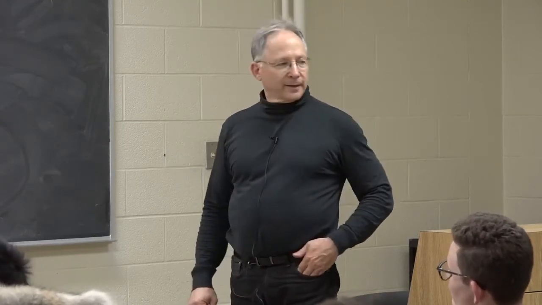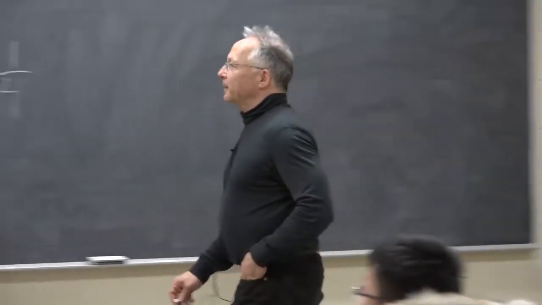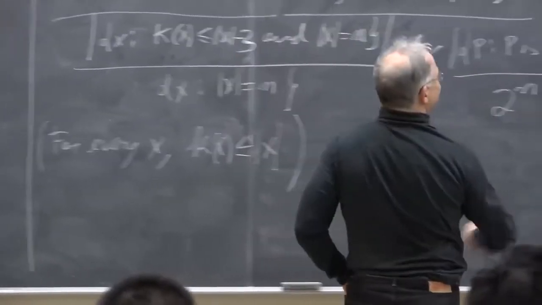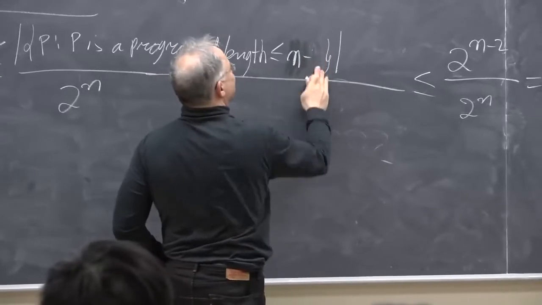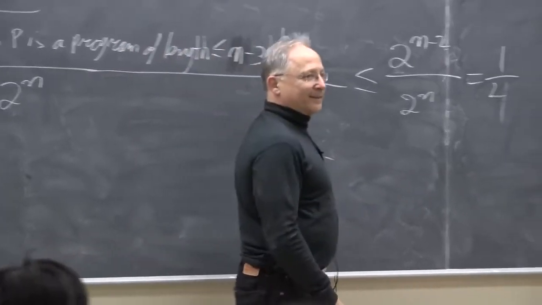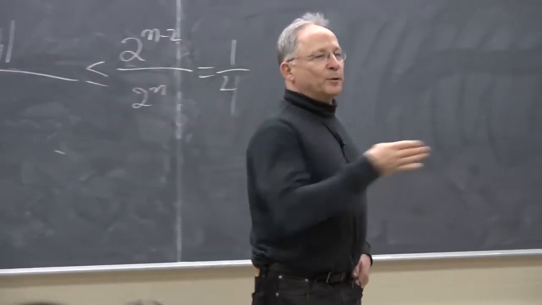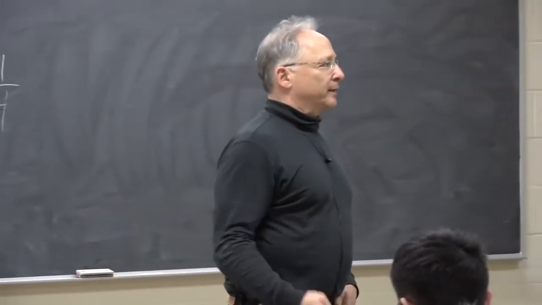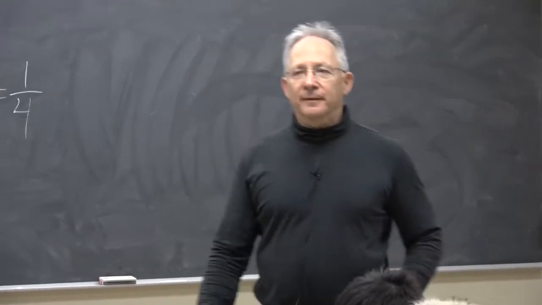Yeah, because the length is at most. Oh, at most, right. So let's make it right. So let's make this 3. Okay, yeah. Because it's the sum of all shorter lengths. It's not just strings of length n minus 2. There are also shorter strings, and they can contribute a little bit.